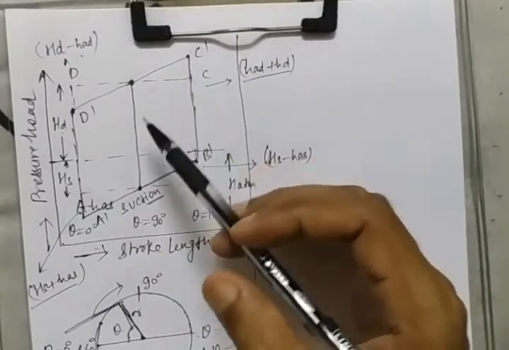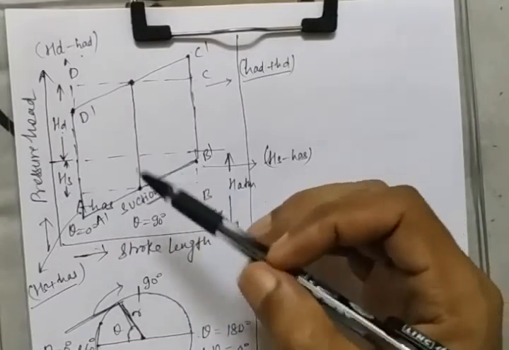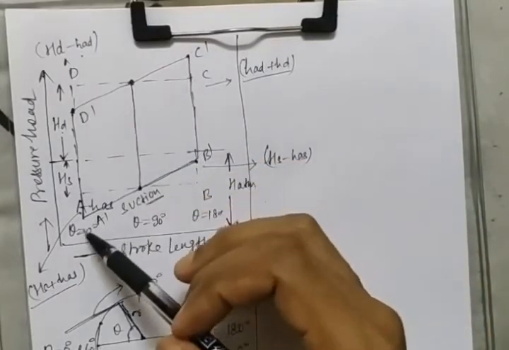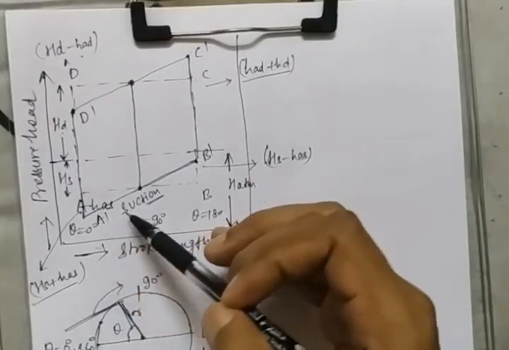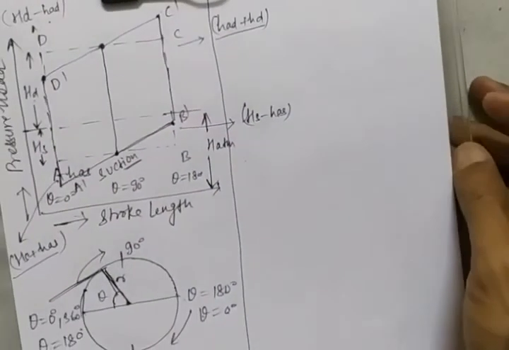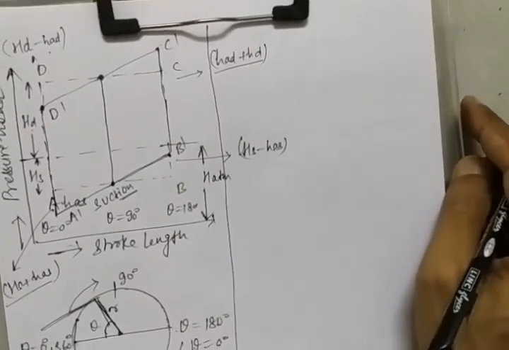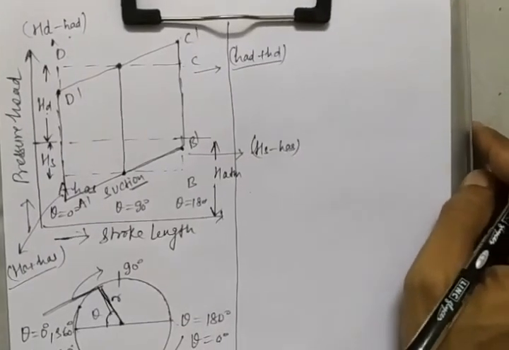So similarly, in this case, the work done by the reciprocating pump will be the area of this new diagram formed, that is A dash, B dash, C dash, and D dash. So this was all about this topic. I hope you have got all the things which I have tried to explain.